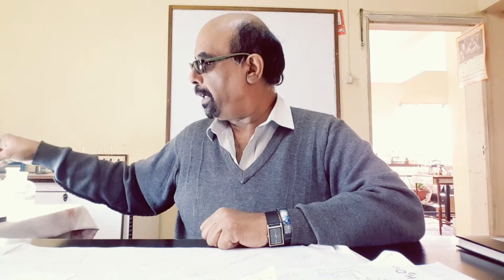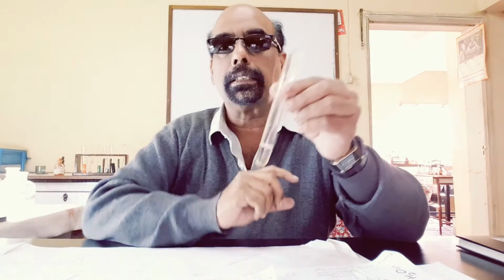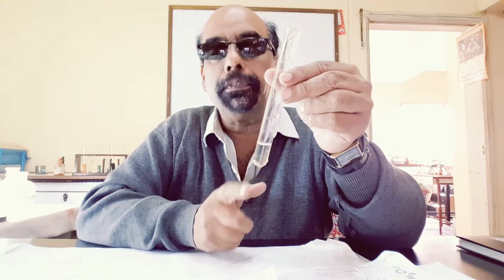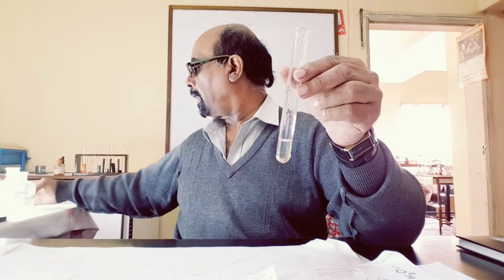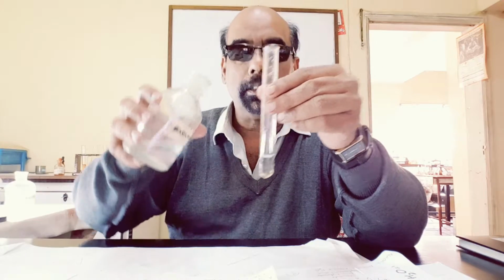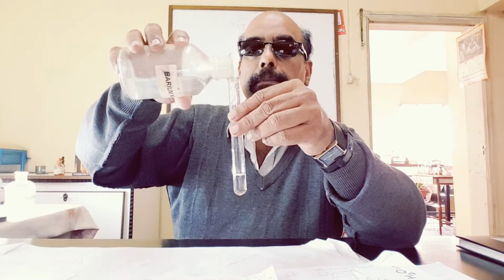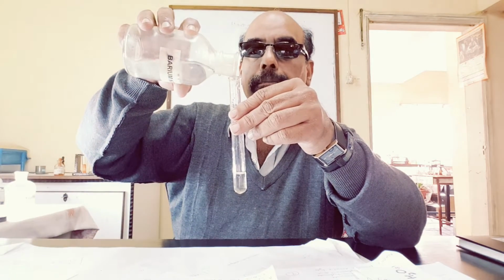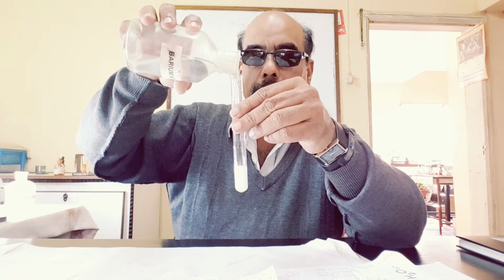Now I want to obtain barium sulfate. This is manganese sulfate. I want barium sulfate, so I am taking sulfate from manganese sulfate. To this, I add barium nitrate. Barium nitrate and manganese sulfate will give barium sulfate. An immediate white precipitate of barium sulfate. I can remove the barium sulfate by filtration. I wash the residue.